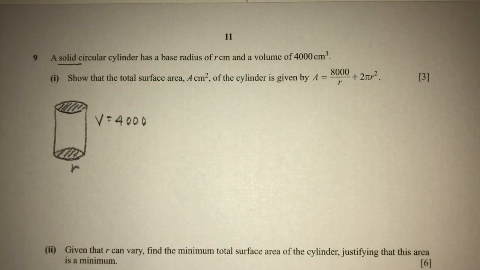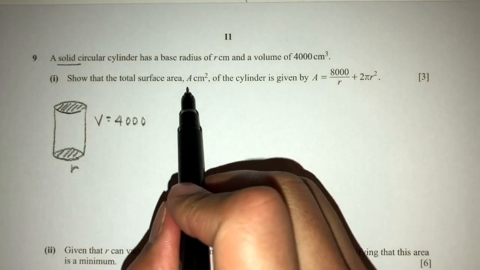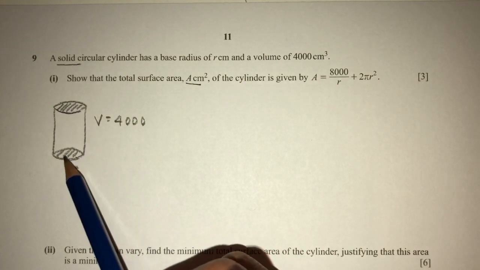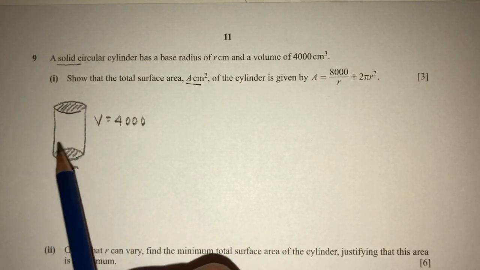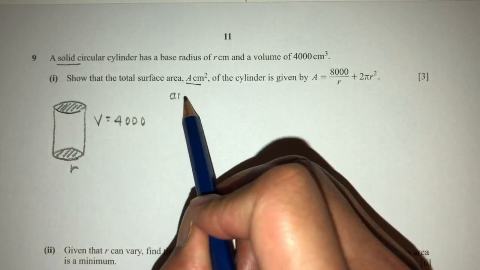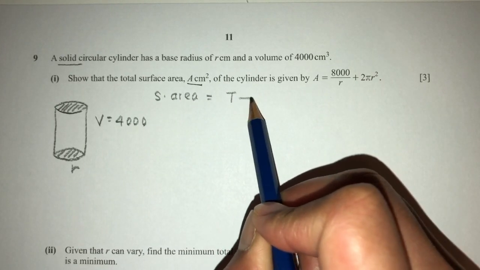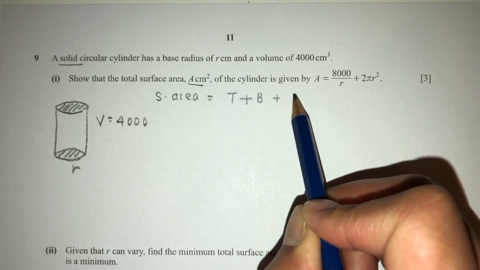Now, part 1, we have to show that the area is given by this formula. So, how do you find the area of a solid cylinder? Let's look at the shape. We have to add the top and bottom and also the curved surface area. So surface area is top plus bottom plus curved surface area.